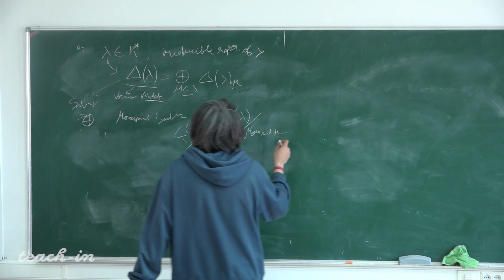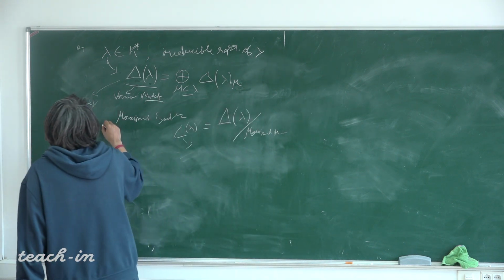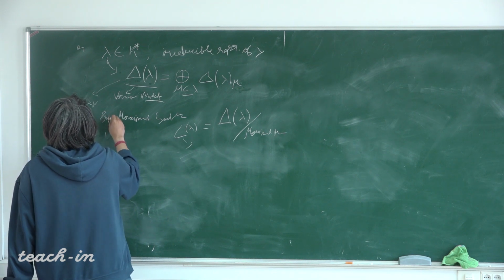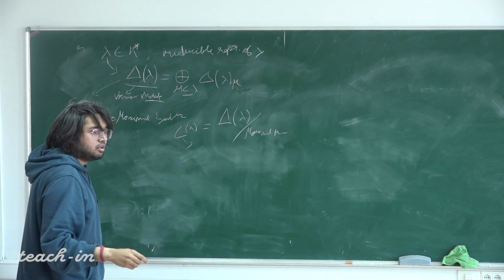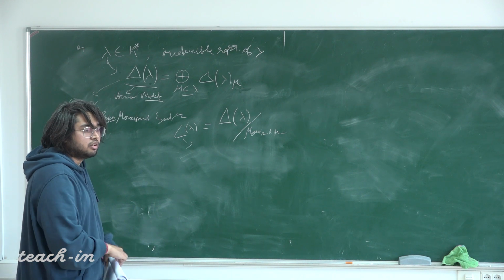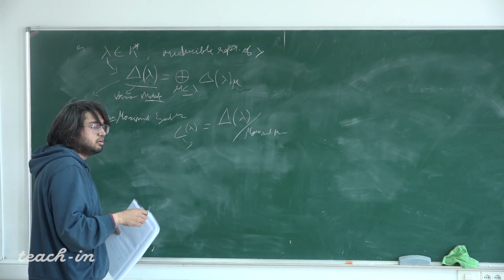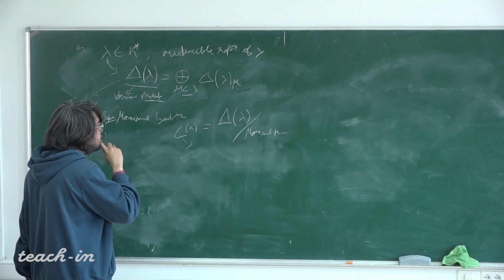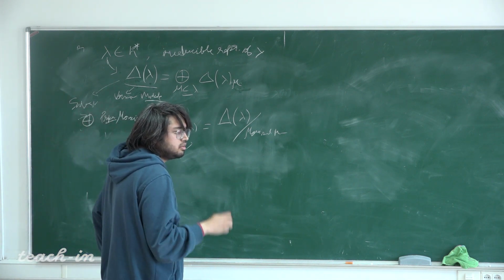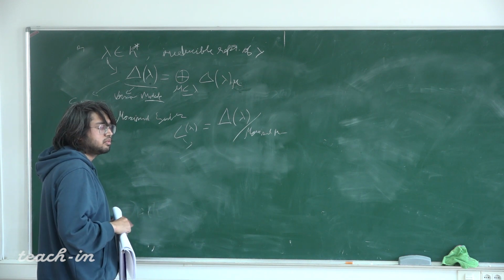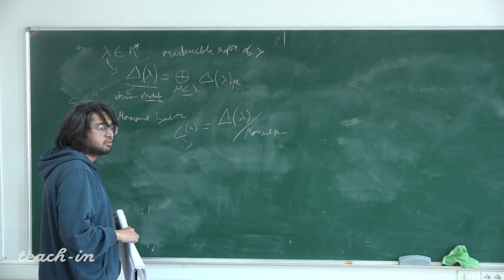Proper, yes. You should add the condition that it must not contain the singular vector, that one-dimensional space. What if it's proper but it contains V lambda? That cannot happen, of course.